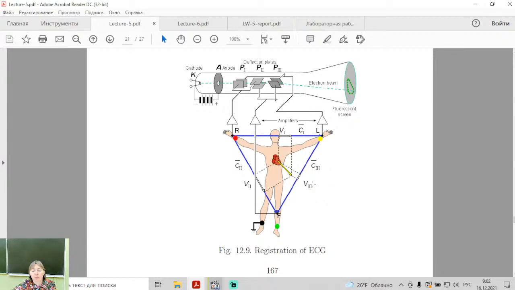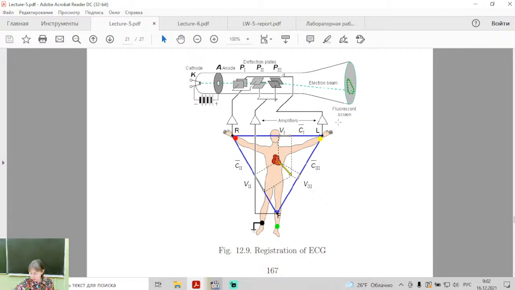On a screen or on paper, if we use an electrocardiograph, we can see a typical ECG waveform for one cardiac cycle, measured from the leads position.